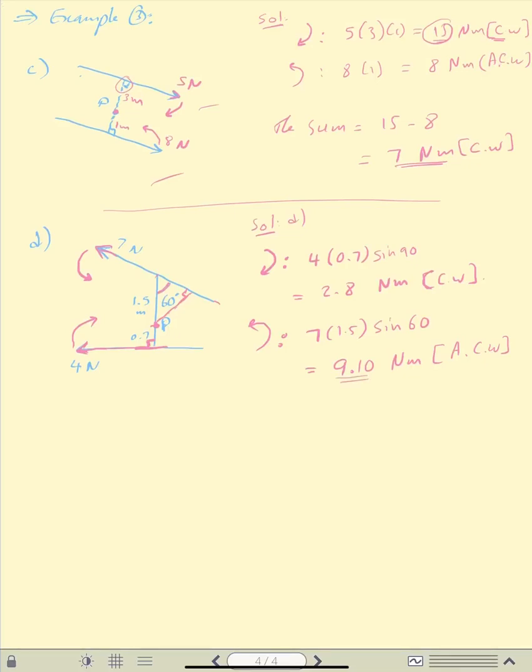Since this is more, the sum of moments is equal to 9.10 minus 2.8, which is 6.3 Newton meters. Since this is the larger magnitude, its direction is anti-clockwise.